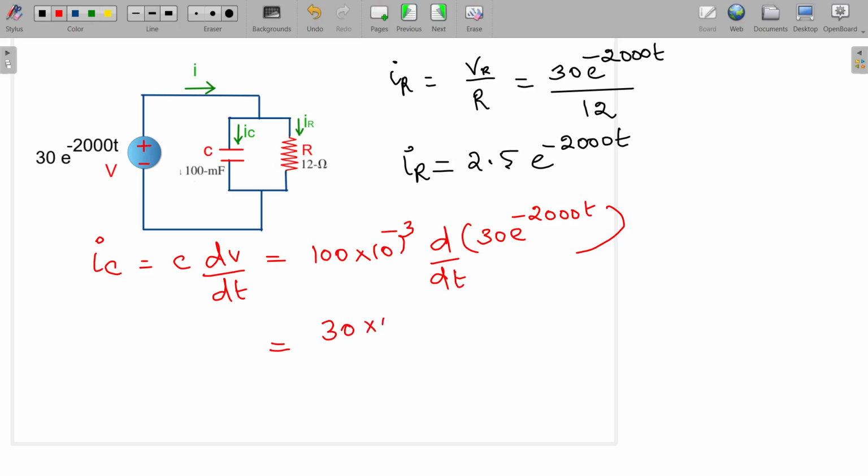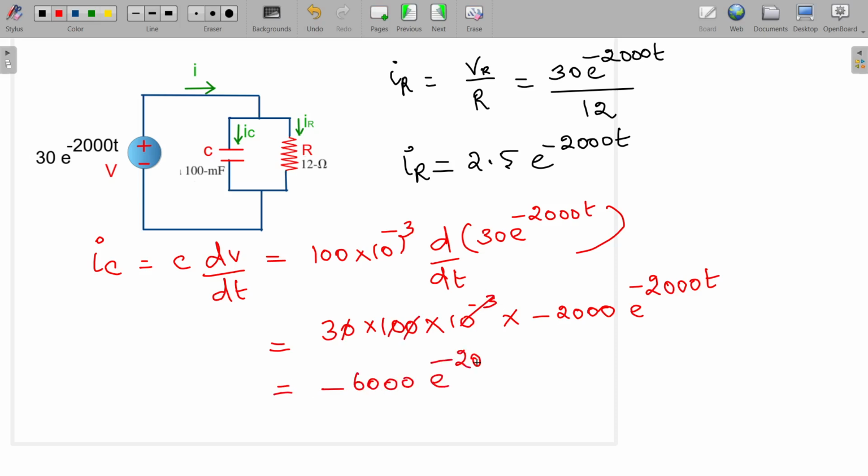So 30 times 100 times 10^(-3), then d/dt of e^(-2000t), which is minus 2000 times e^(-2000t). If you multiply this out, we get minus 6000e^(-2000t). So this is the capacitor current.